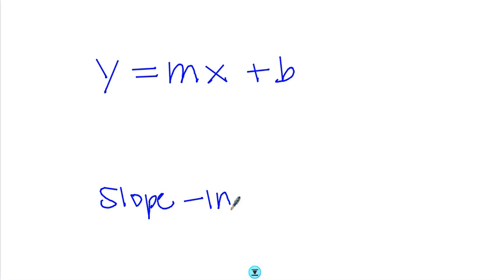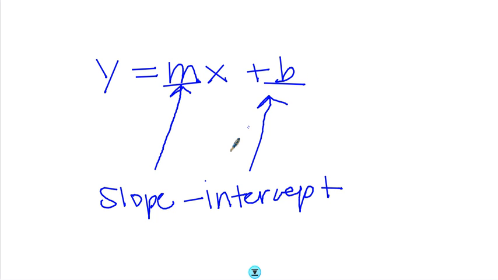If you remember why, that's because m was the slope and b was the y-intercept. You had a slope and an intercept.